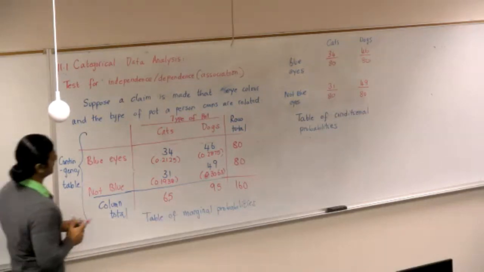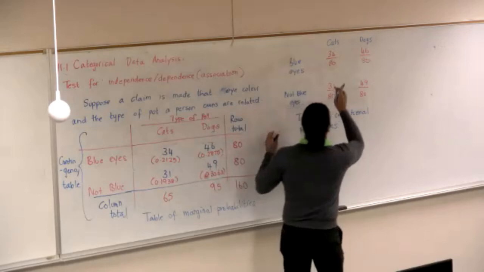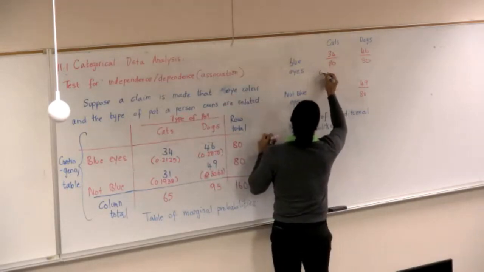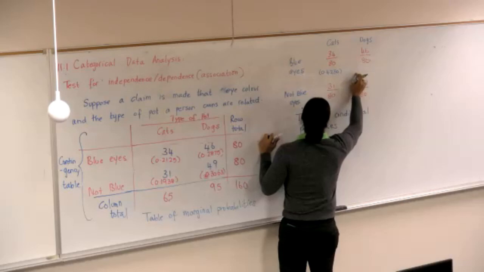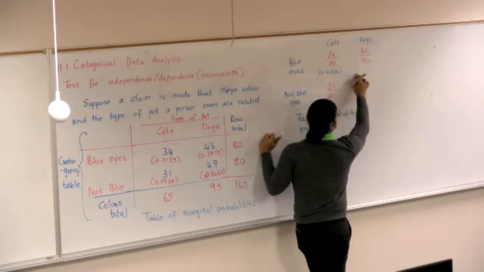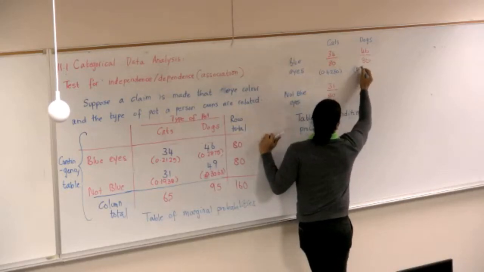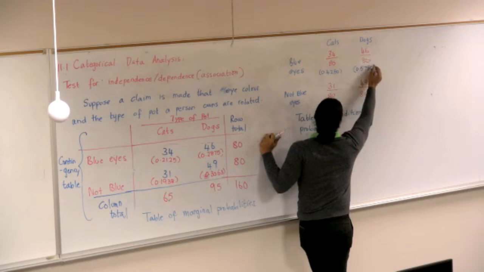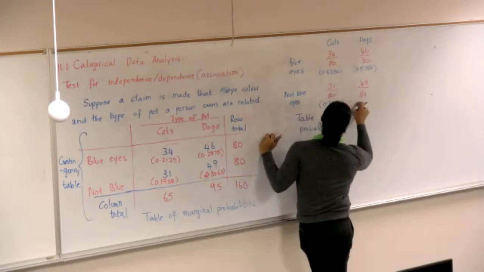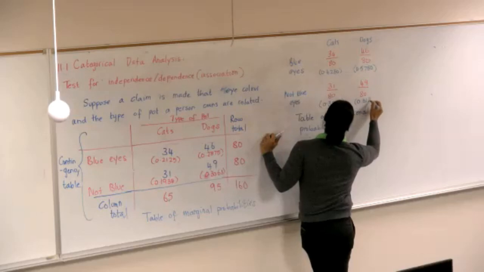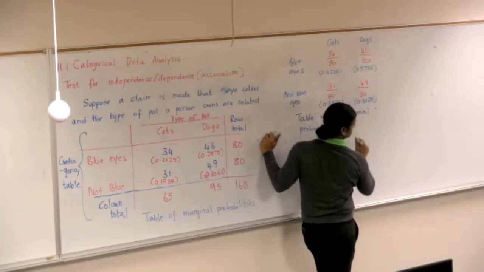What do we get? 0.575. 0.575, okay. 0.3875. Have to do a bit of rounding there, right? Yeah, and 0.6125. 0.6125, yeah.